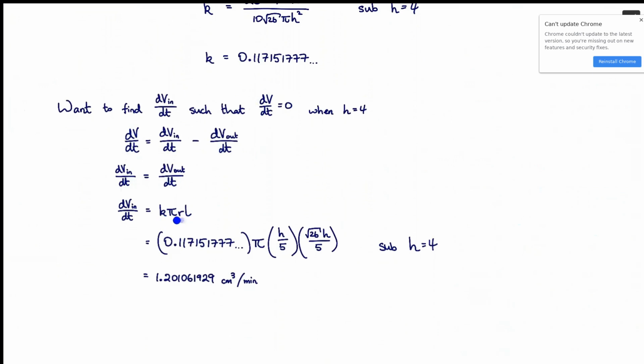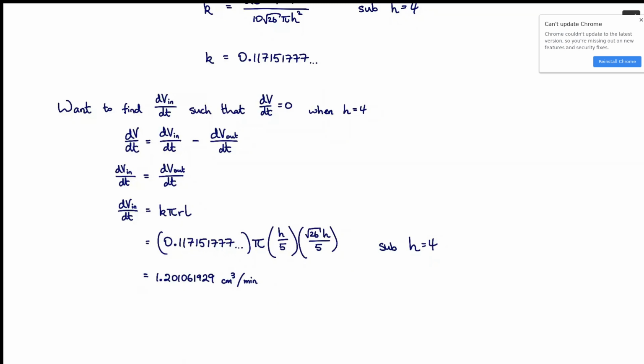Again, I'm using the same formula for the rate of volume leaving the cone, with the value of k we already found, pi, this one is r, this one is l, and h is equal to 4. If we calculate that, we end up with 1.2 cubic centimeters per minute.